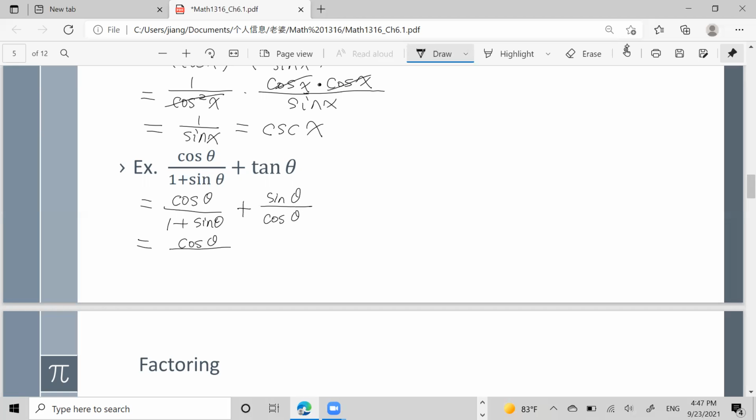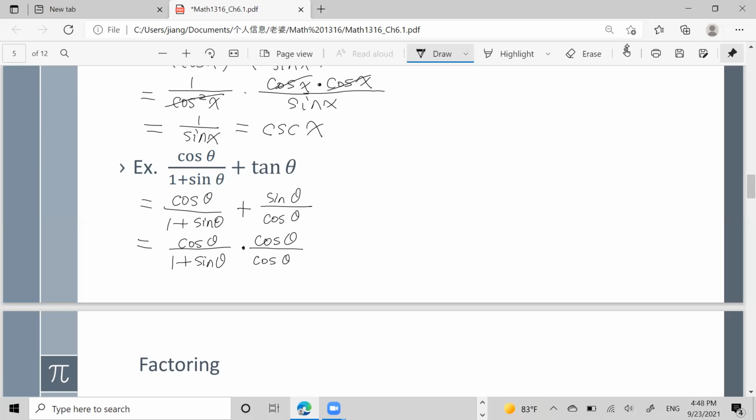We will use a lot of algebra to compute it. I need a common denominator, so the bottom one needs to be multiplied by cosine theta, because this term is 1.